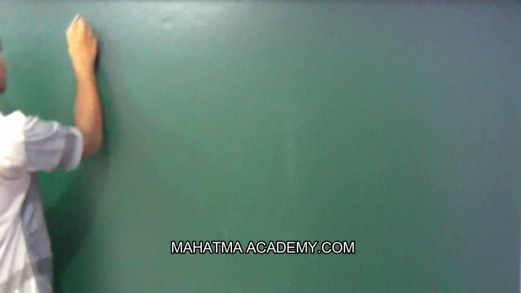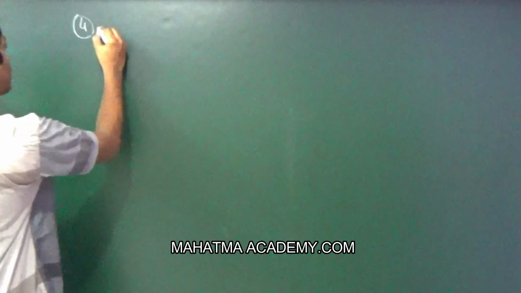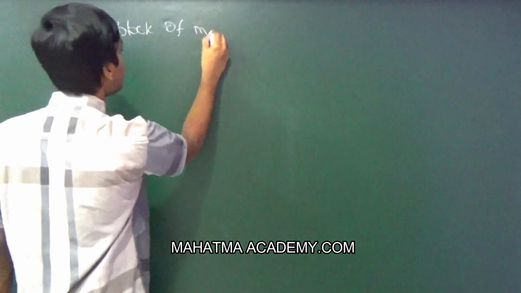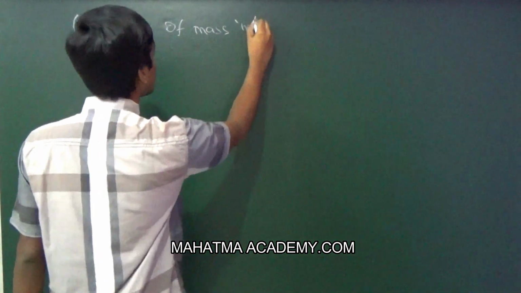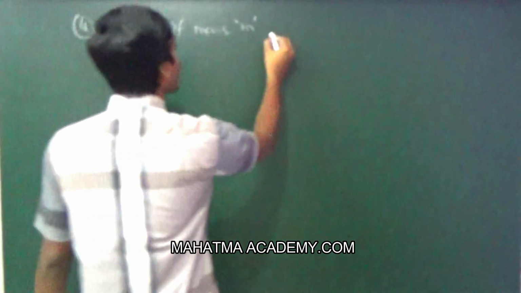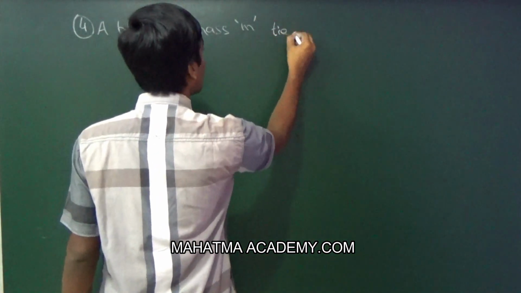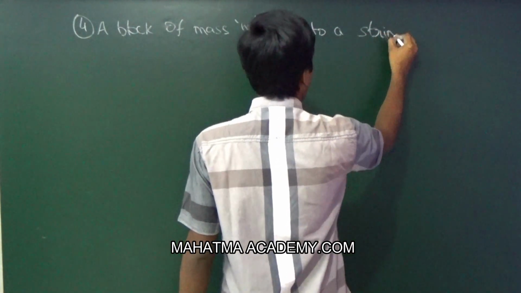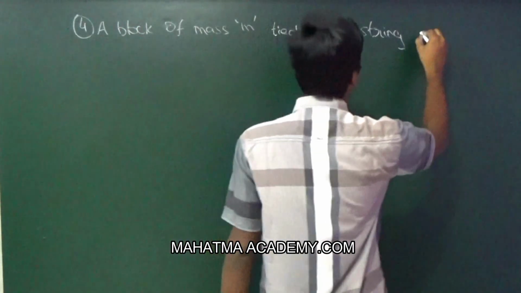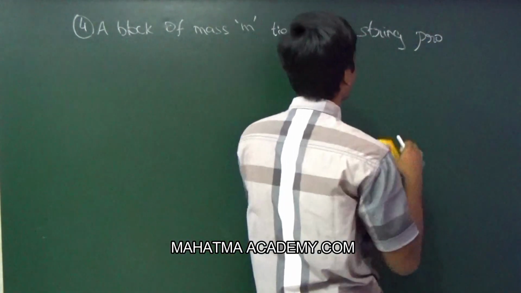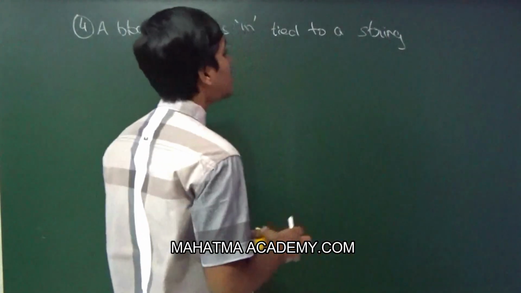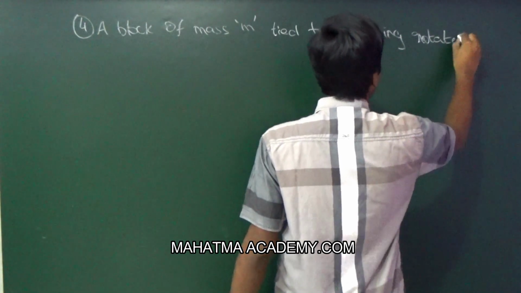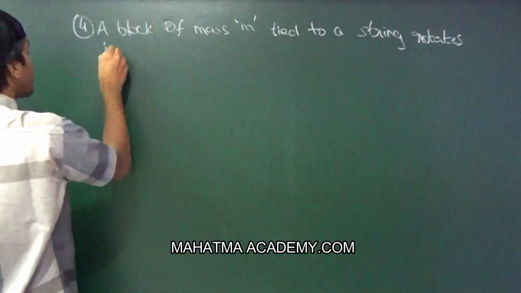Now the fourth question. A block of mass m is tied to a string that provides tension T, and rotates in a horizontal circle.